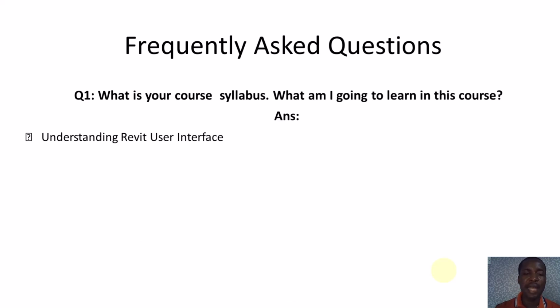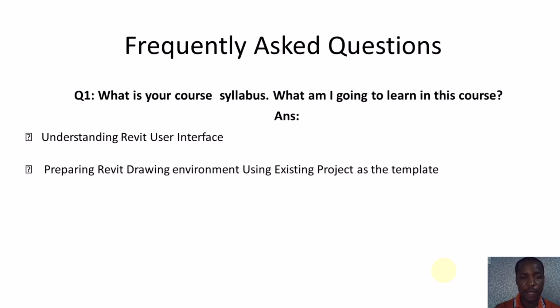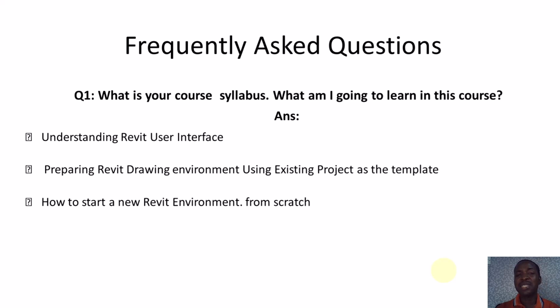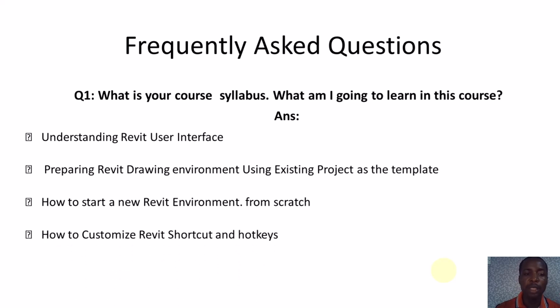And the answer I normally give to them is, in this course you are going to understand Revit user interface. You will also understand how you can prepare Revit drawing environment using an existing project as a template. You're also going to learn how to start a new Revit project from scratch. You will learn how you can customize Revit shortcuts and hotkeys.